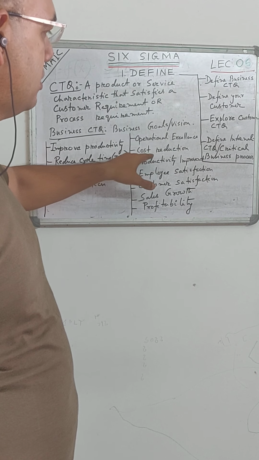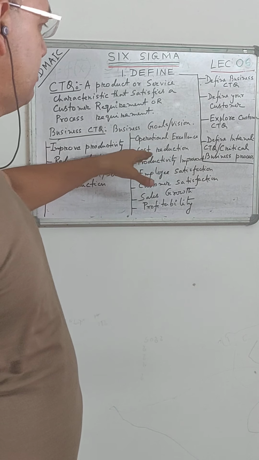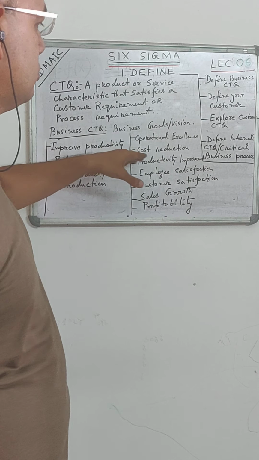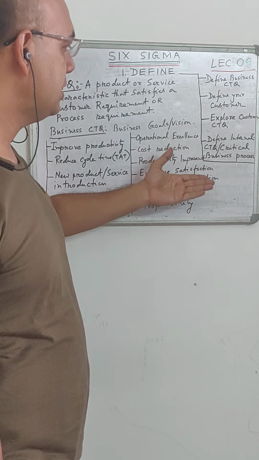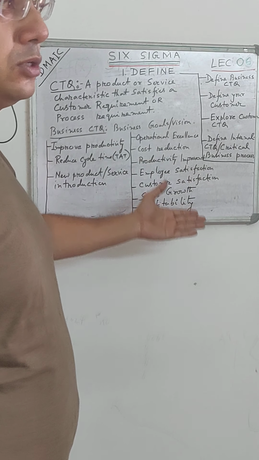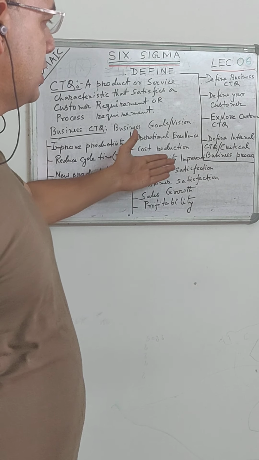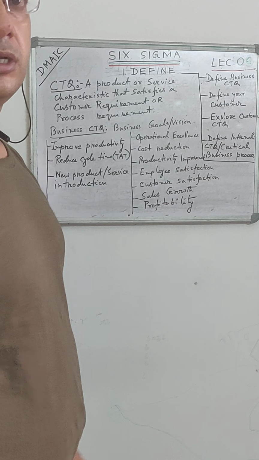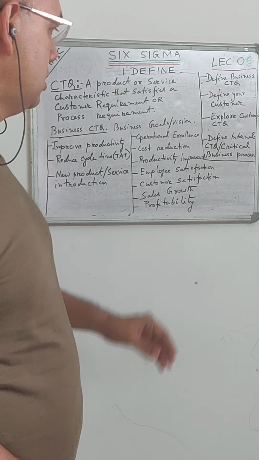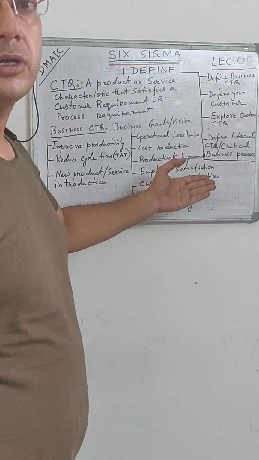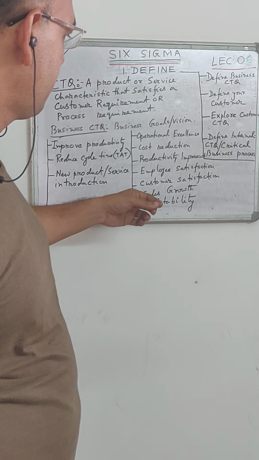Then another drive is always there in manufacturing or service, any kind of industry: cost reduction. Because cost reduction is an advantage over our competitors. If we are able to reduce our cost, keeping quality and other aspects constant, then it will be an added advantage for our business growth.